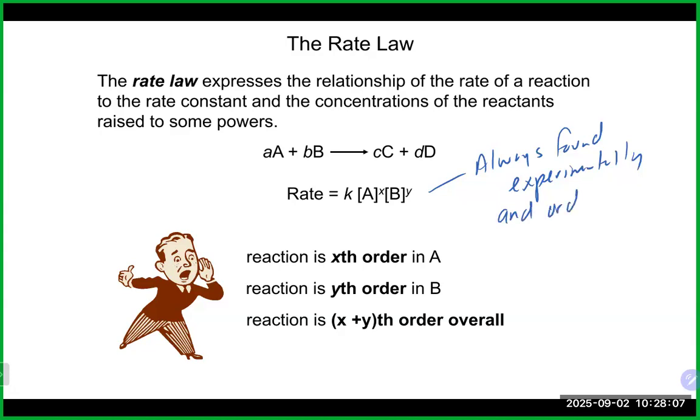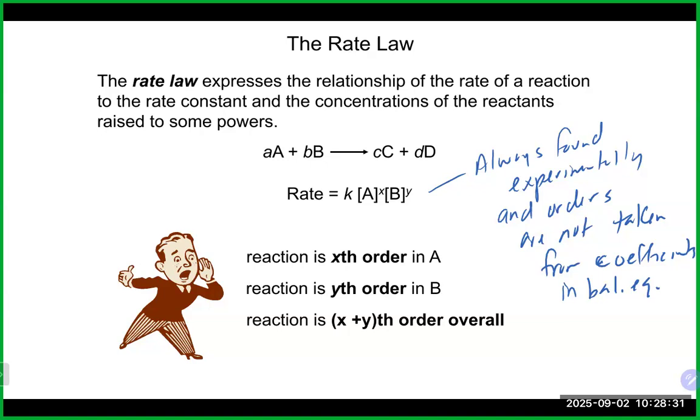And the orders are not taken from the coefficients in the balanced equation. Now, that doesn't mean that you may not end up with an order that is the same as the coefficient you see in the balanced equation, but that's not where we get the orders from.